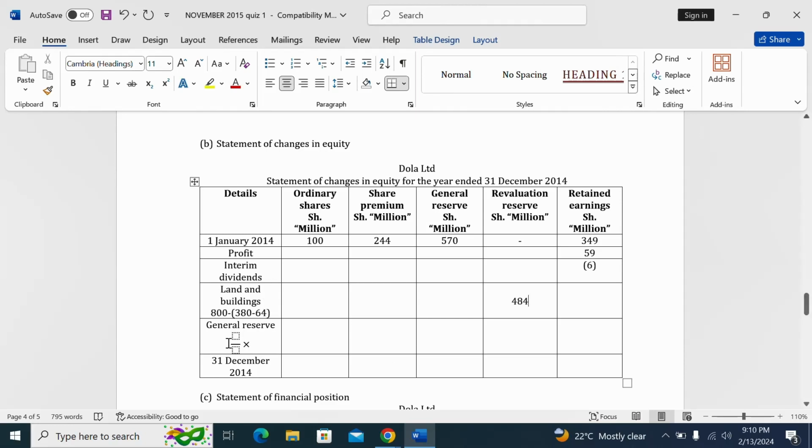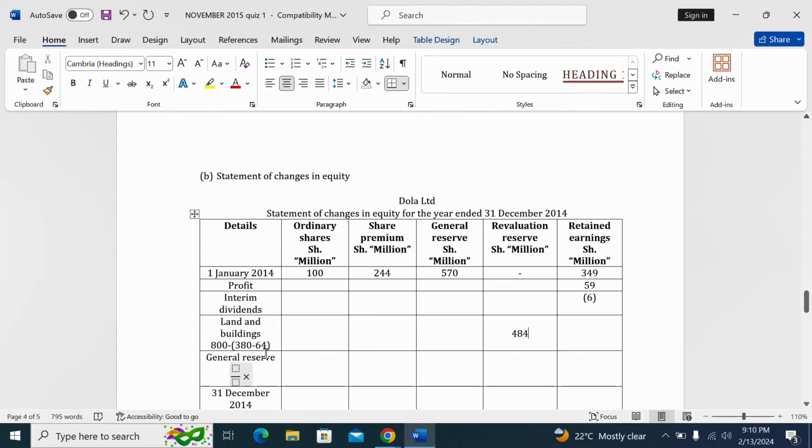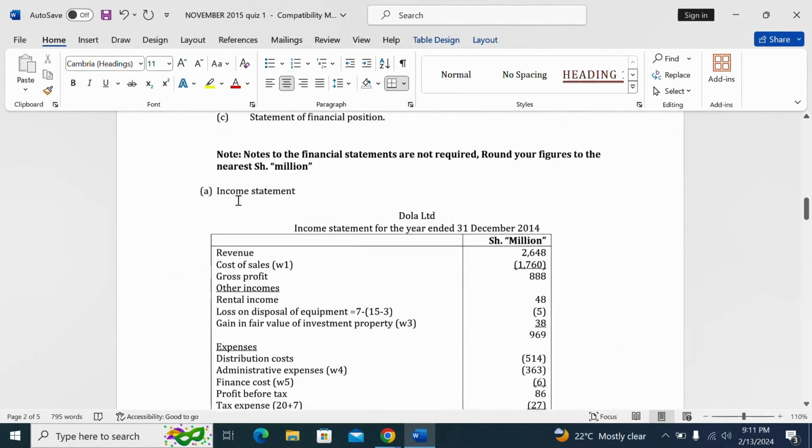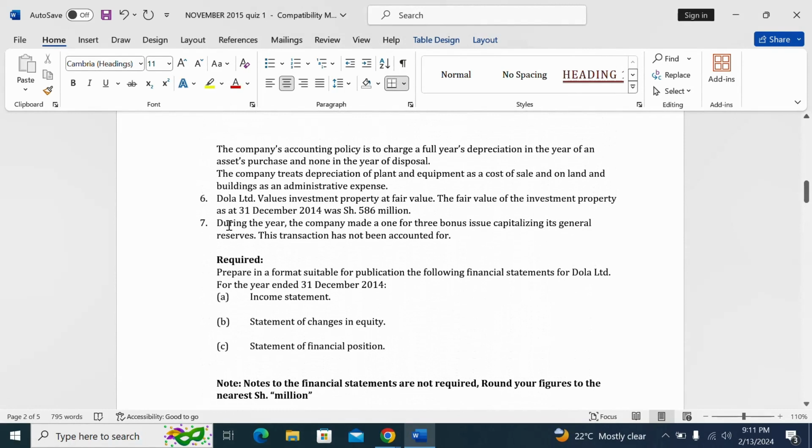Then we go to the issue of additional shares. Let me call this one bonus issue. In your additional information, number 7, you are told that during the year, the company made a 1-for-3 bonus issue, capitalizing it as general reserve.